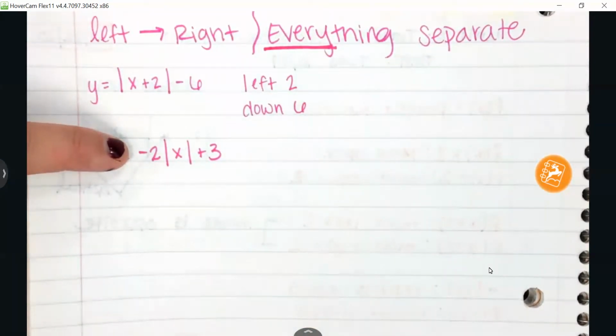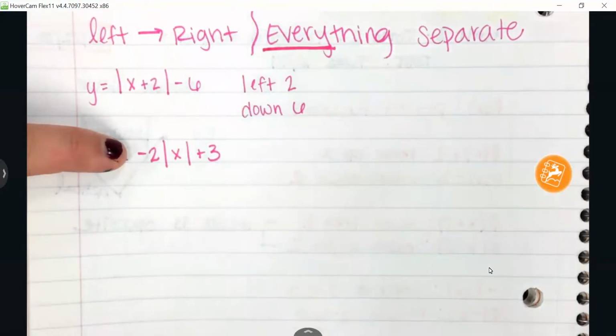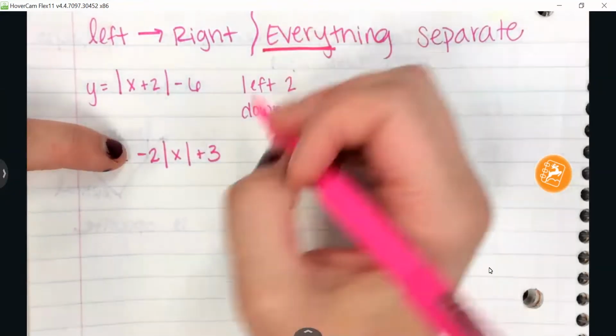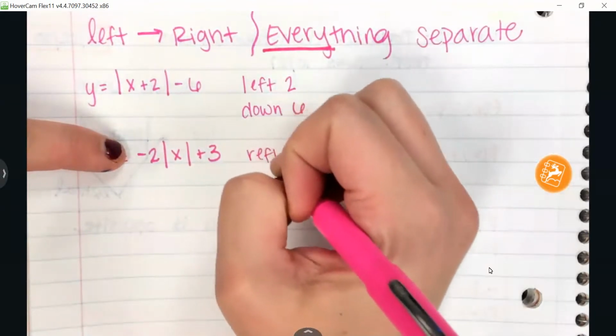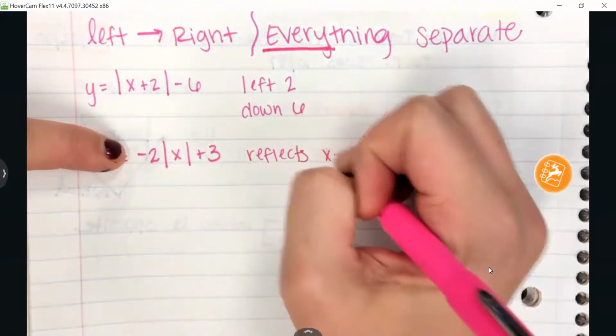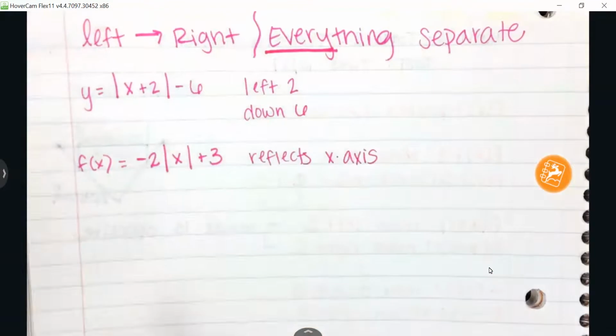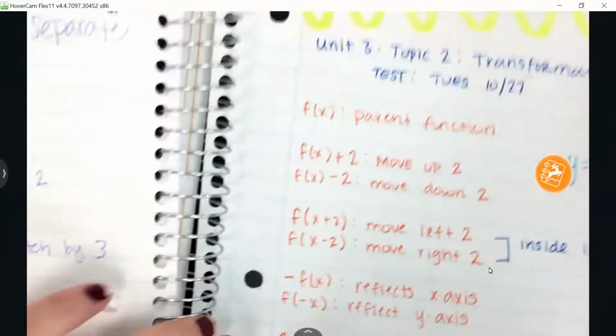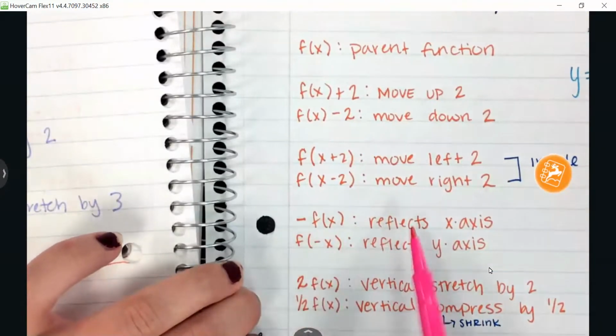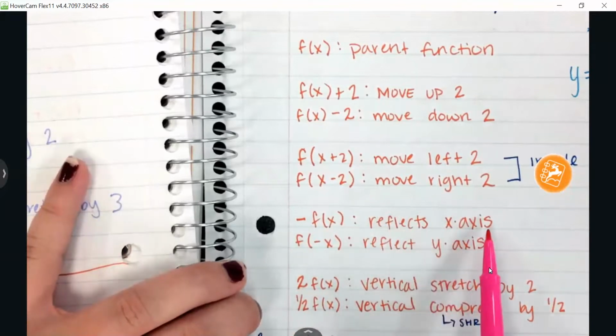If I am outside, I am moving up and down. What axis am I jumping over? The x-axis. So that negative means that it reflects the x-axis. It also told us in our notes right here. Negative on the outside reflects the x-axis.